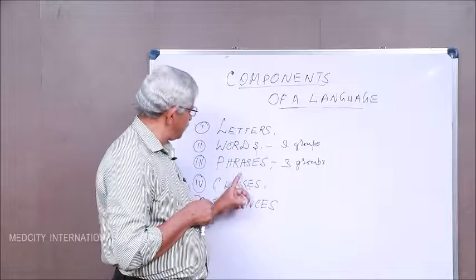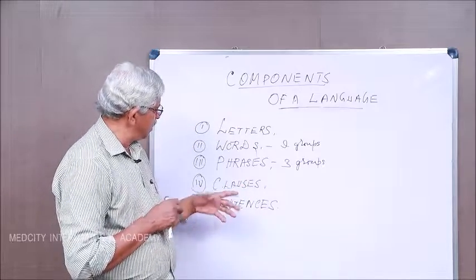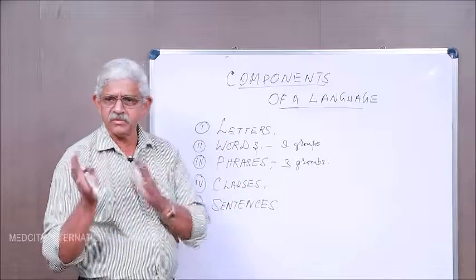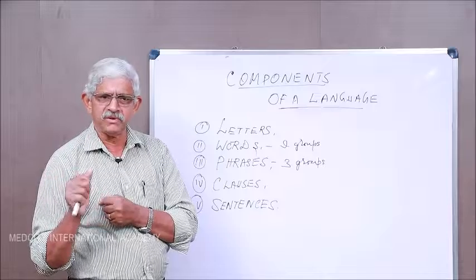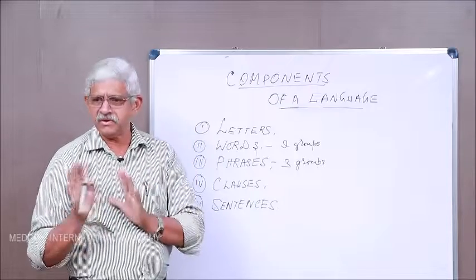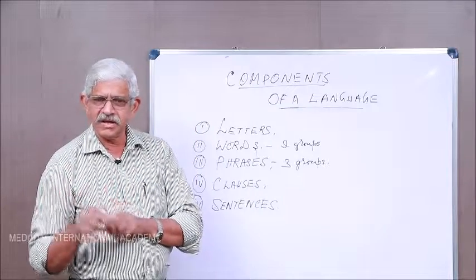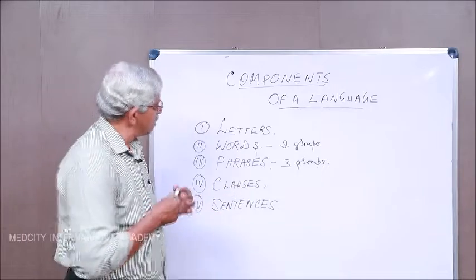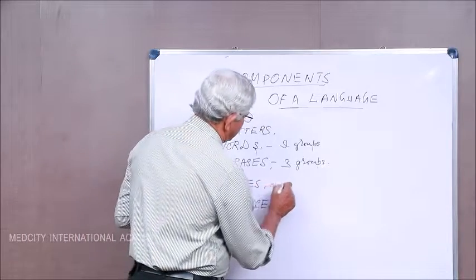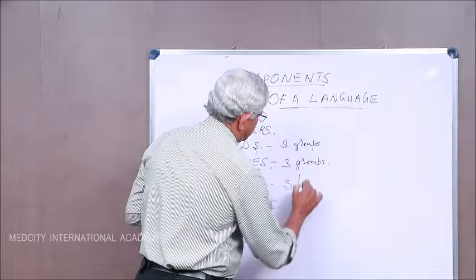Then the fourth one is clauses. A group of words with a subject and verb which functions as a part of a large sentence, and there are mainly 3 types.